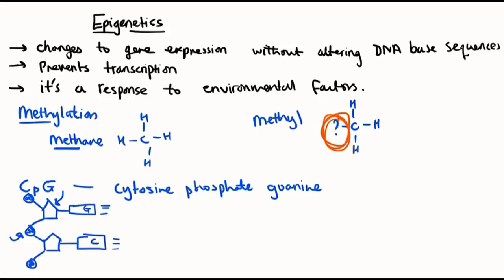So our methyl group will come along with its hydrogens and go, ooh, hydrogen, and form a bond here. If a methyl group attaches here, it means RNA polymerase cannot bind. It cannot transcribe.